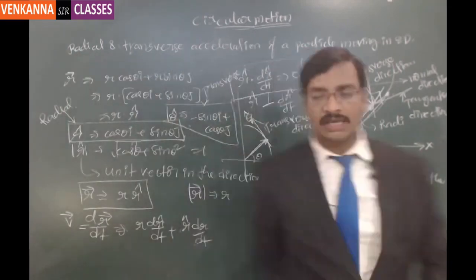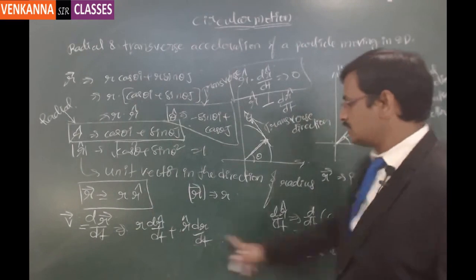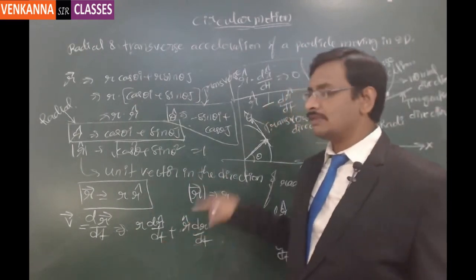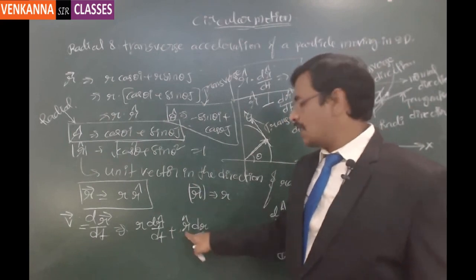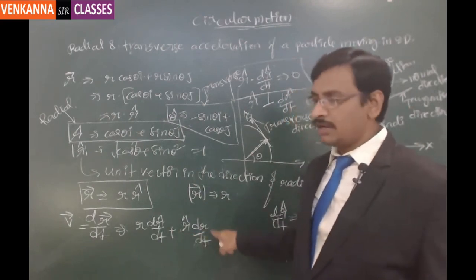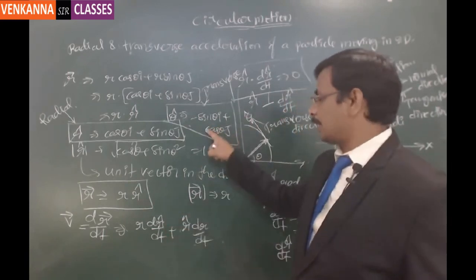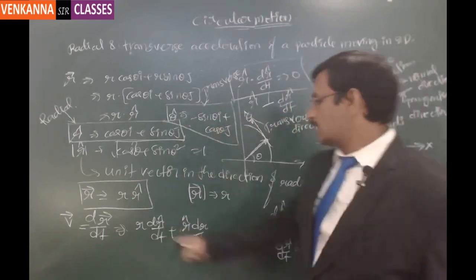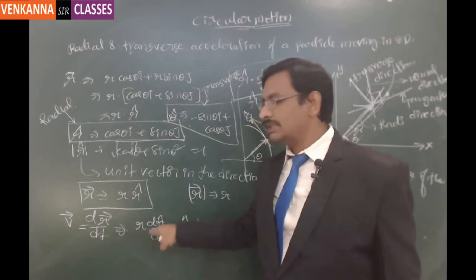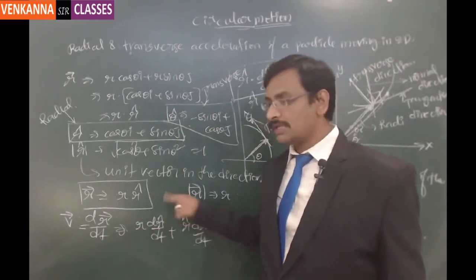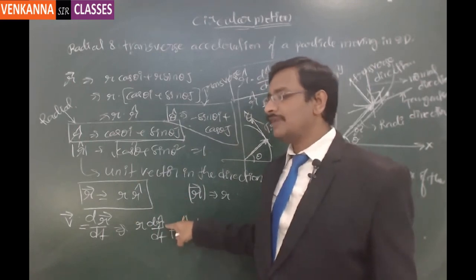Now this velocity, if you notice, is containing both the radial and the transverse components of the velocity, because this r cap gets multiplied by dr by dt, and dr cap by dt involves theta cap into d theta by dt. That means here r into d theta by dt is the component of the velocity in the direction of theta cap, because that is the only component of the vector here.